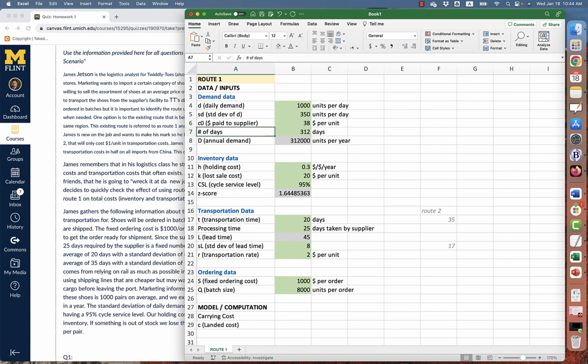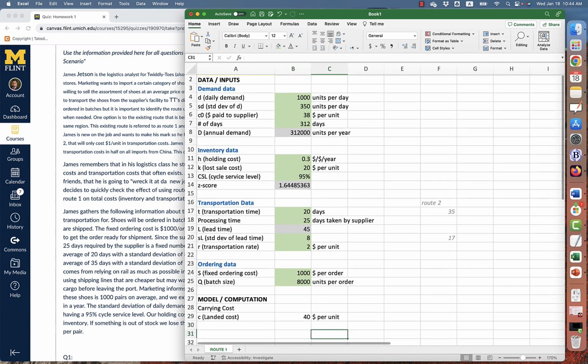So that's how much it costs us from a supplier to buy a pair of shoes, but that's the price at the doors of the supplier's factory. Then we pay our $2 per shoe to get it to our warehouse. So at our warehouse, when the shoe arrives, it has cost us 38 plus 2 or $40. So our landed cost is going to be 38 plus the transportation expense, or $40 per unit.